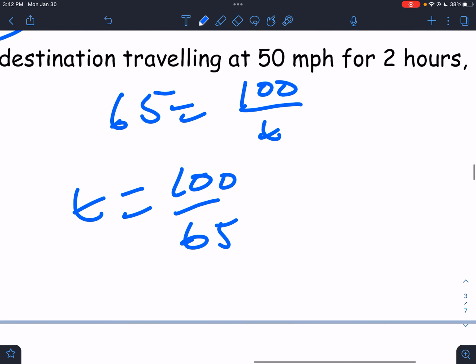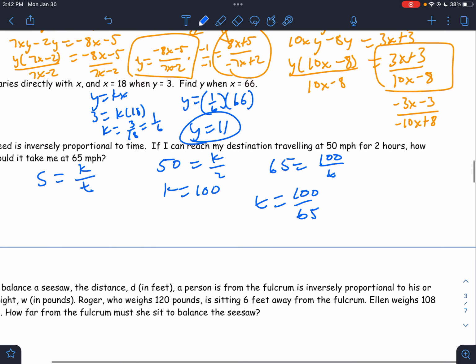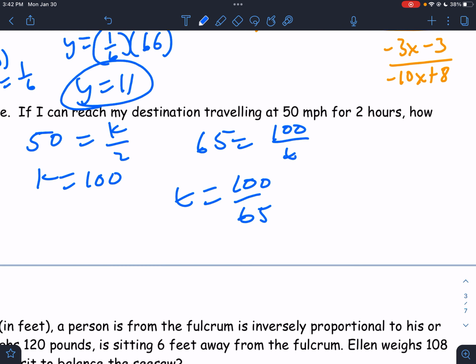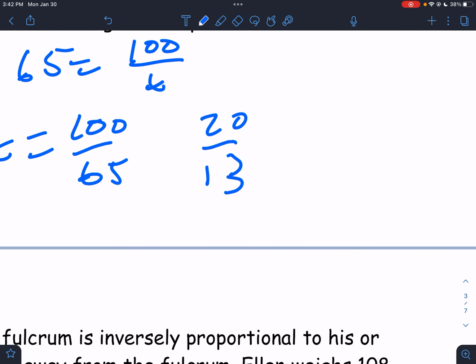I don't know if you remember, but proportions, if T is down low, they can switch places. Boom. Divide by 5 for sure. 20 over 13. So how long would it take? I don't know how they want you to write it, but it's 20 over 13. You can make that a decimal.